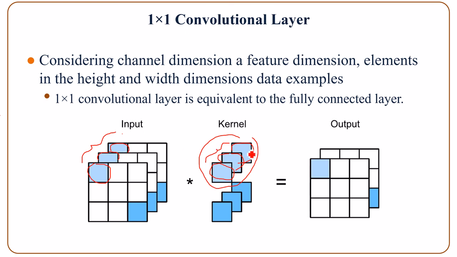We get one single value, and we put it here, and we repeat that for the whole image. We have one output channel. Notice that we have two kernels. So with the second kernel, we do the same thing, and we get the second channel in the output.